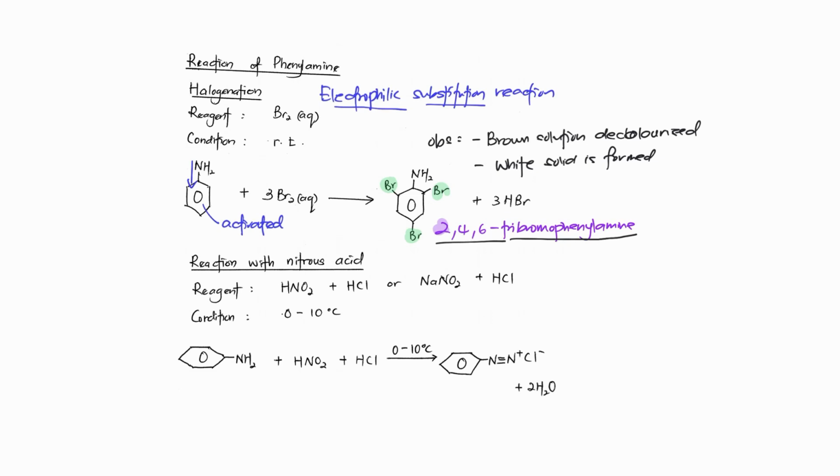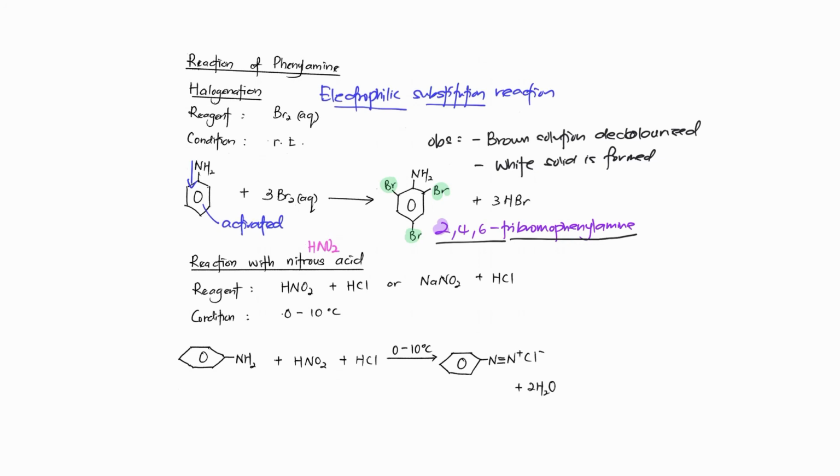The next reaction for phenylamine is formation of diazonium ion. It is a reaction of phenylamine with nitrous acid.